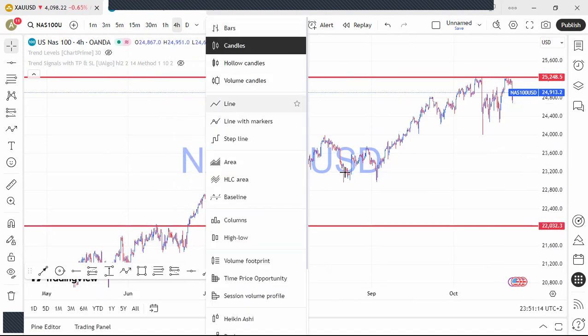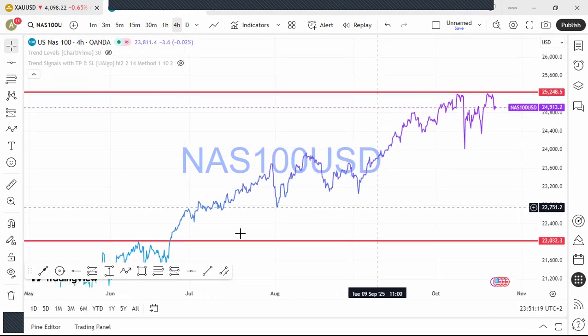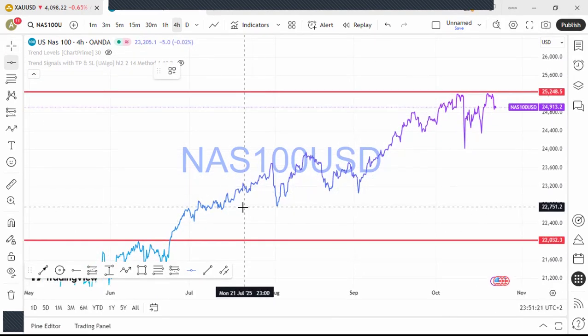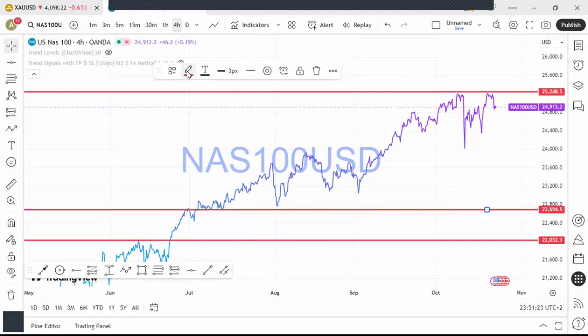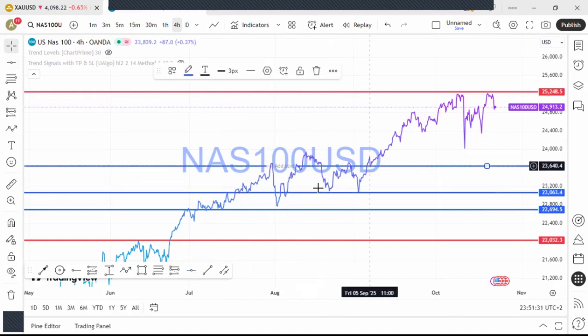Now we switch to a line chart. So on our line chart, we're looking for our zones where the market breaks and retests. This will be our first zone. Only marking the zones that are visible.